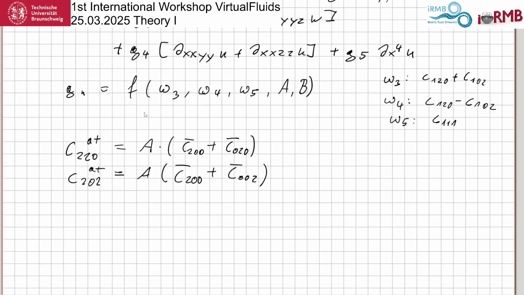Then we also have the other first order cumulant, C211 attractor, and I say, well, we make this B times C011. Okay, so I just do it, for whatever reason.